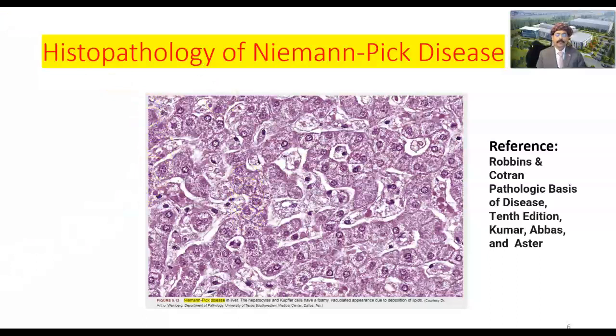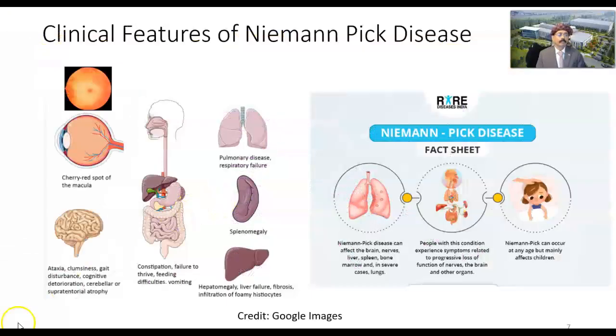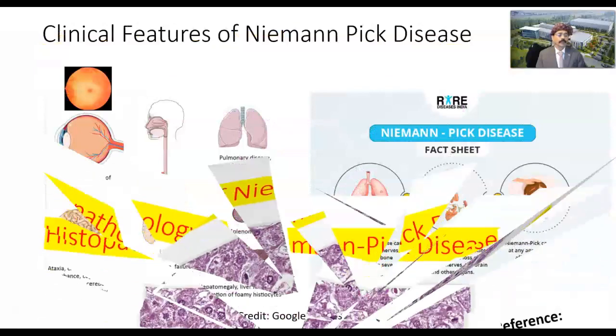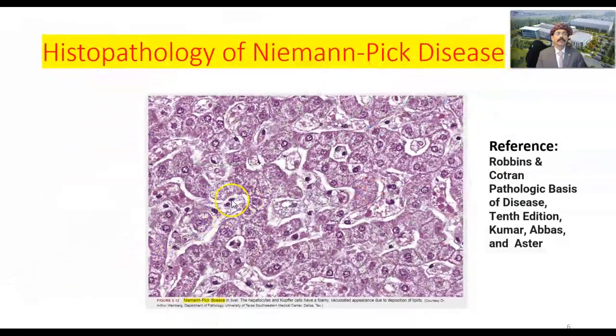So this is the histopathology. We have the hepatocyte and also the Kupffer cells. Inside them we get the foamy appearance because the lysosomes of the cell cannot digest the sphingomyelin or the lipid substance.